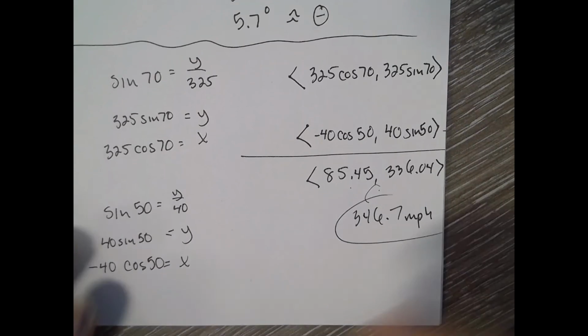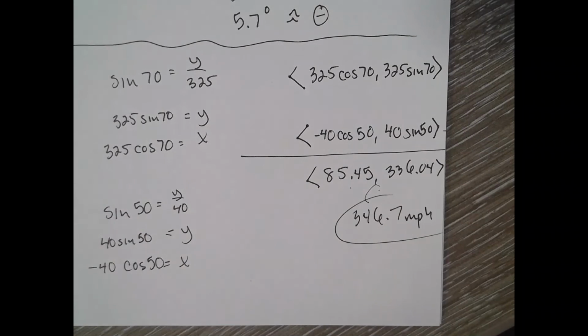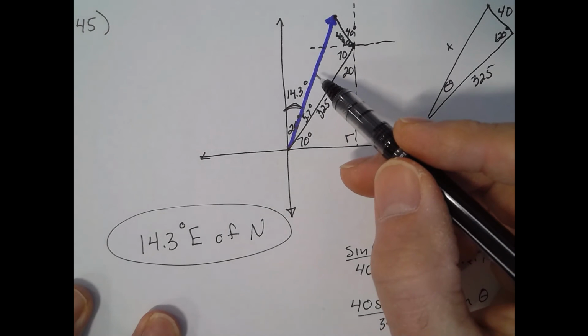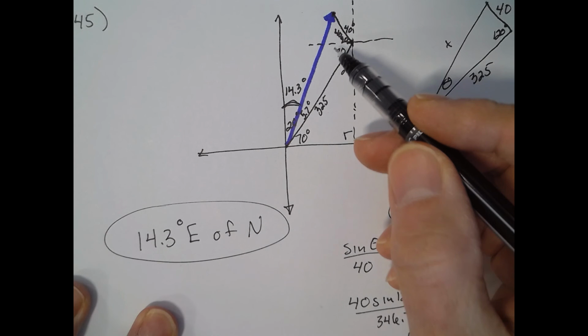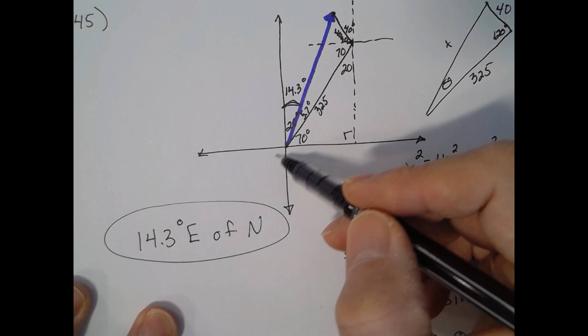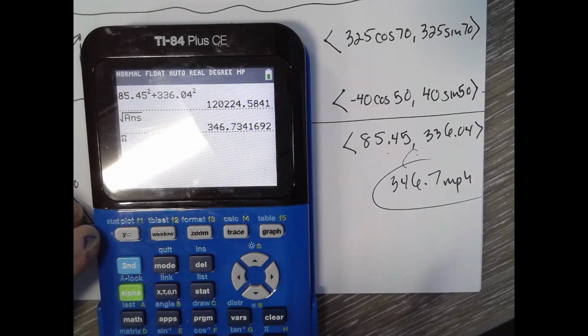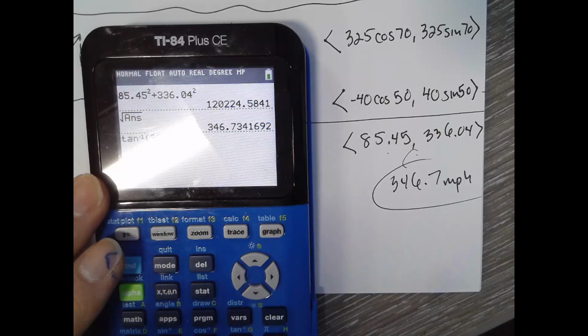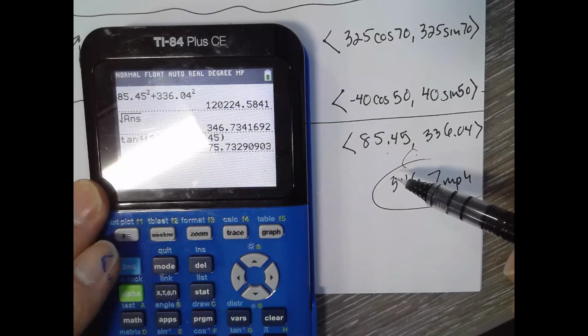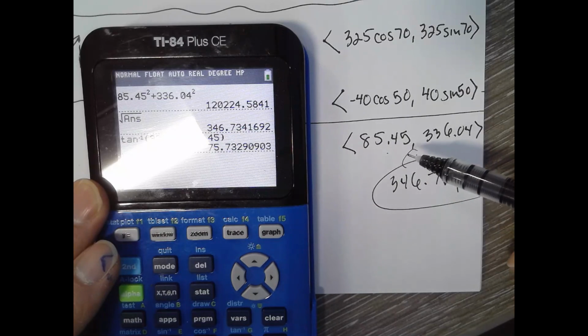Okay, so if we wanted to know its direction, remember, this is just the blue vector right here, so we know the horizontal and vertical. We could do the inverse tangent of our vertical divided by our horizontal, opposite over adjacent, and we get 75.73.